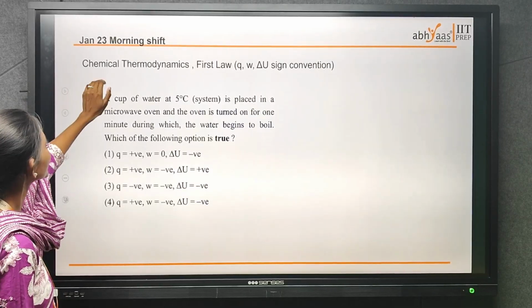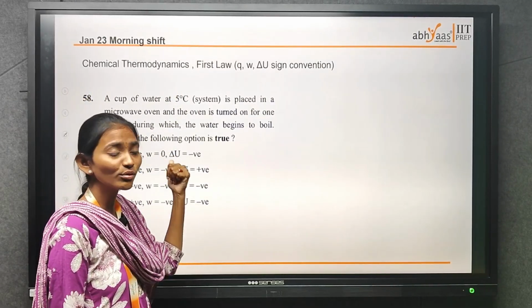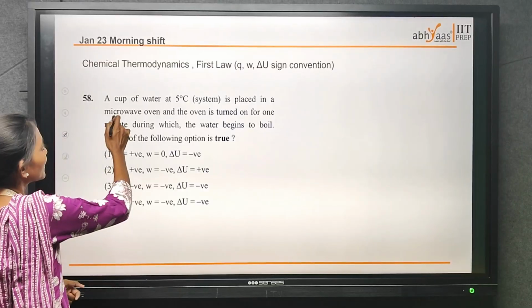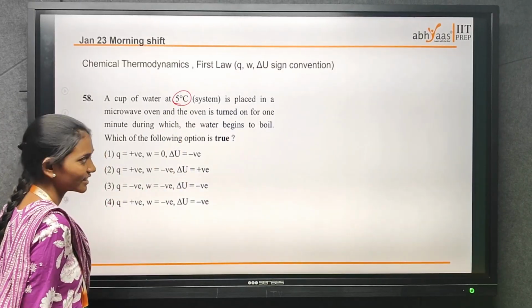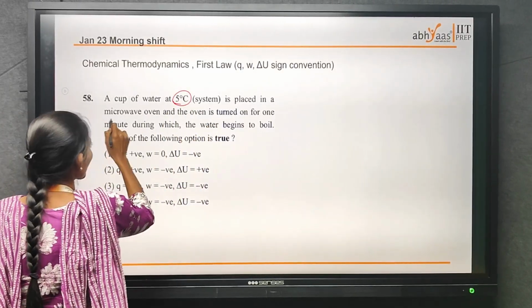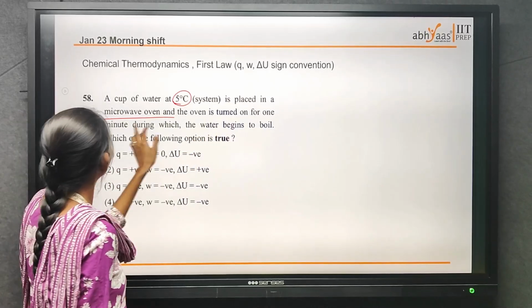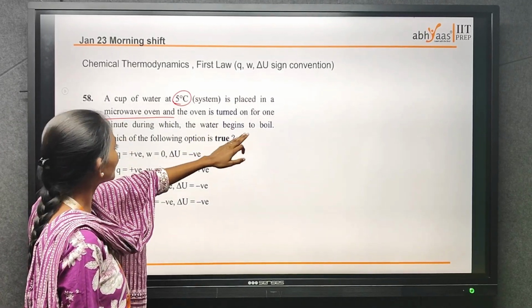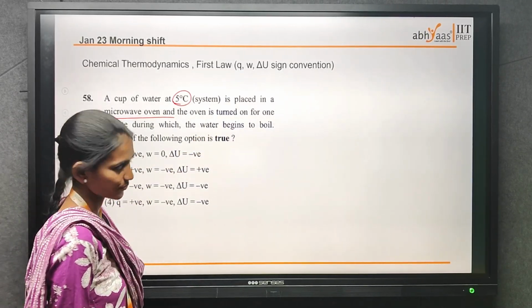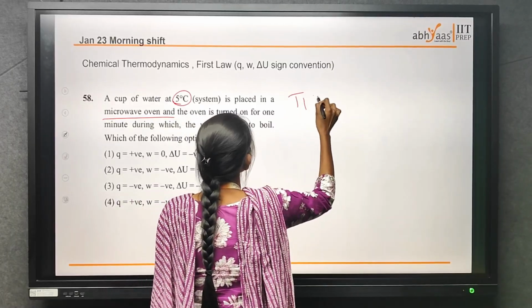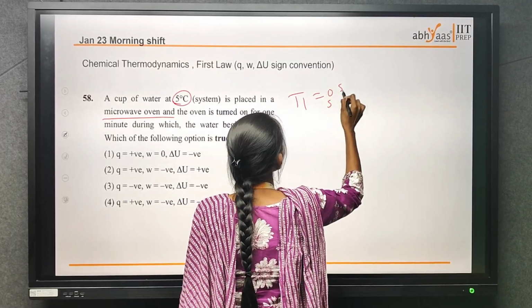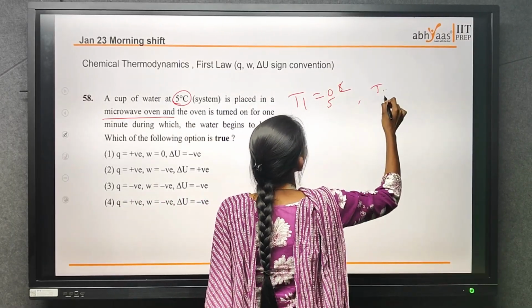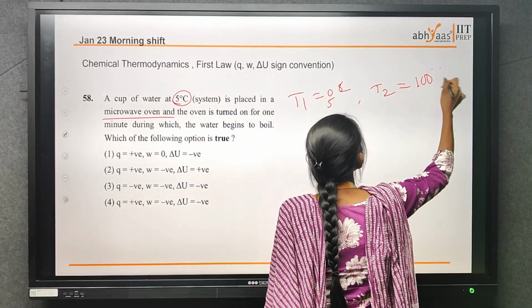Moving on to the next question, chemical thermodynamics. You need to know the sign conventions too. A cup of water at 5 degrees Celsius is placed in a microwave oven and the oven is turned on for 1 minute, during which the water begins to boil. Which of the following options is true? I am assuming that T1 is 5 degrees and T2 will be 100 degrees Celsius.